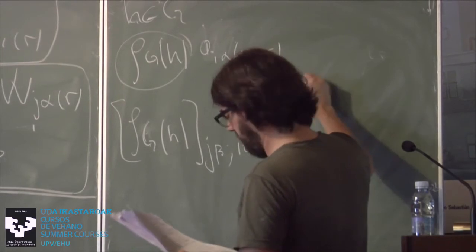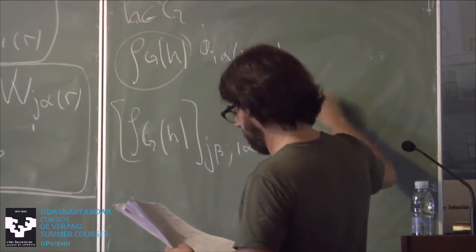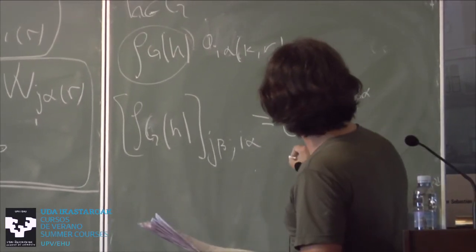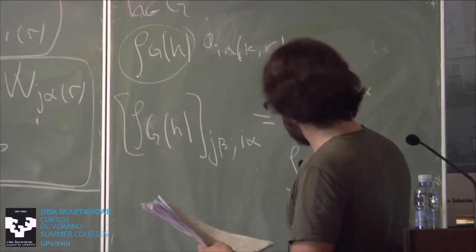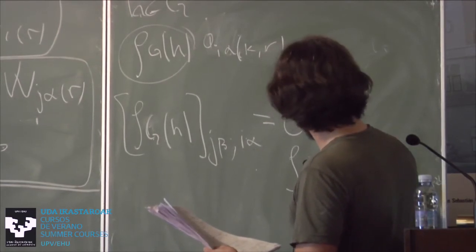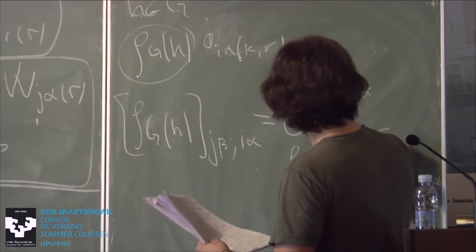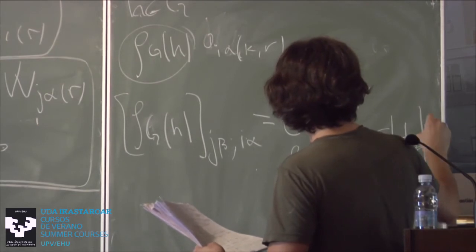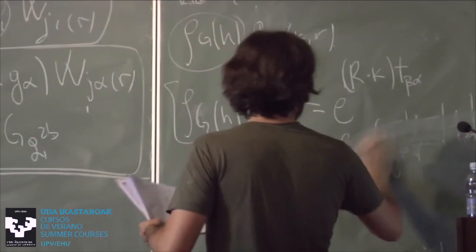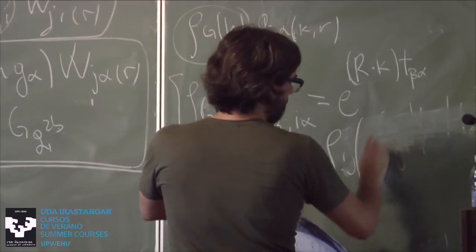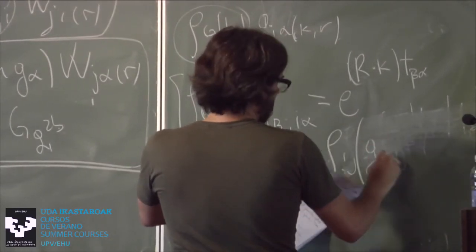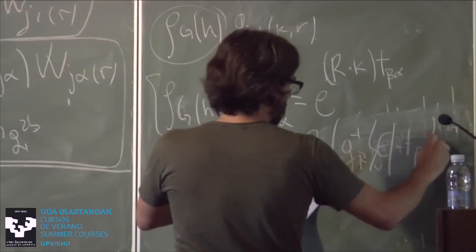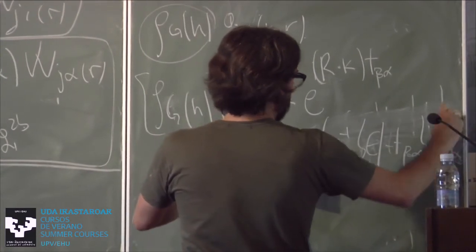So this is e to the i R k, some translation vector that I can give you, times rho ij, g beta to the minus 1, identity minus t beta alpha, h g alpha.